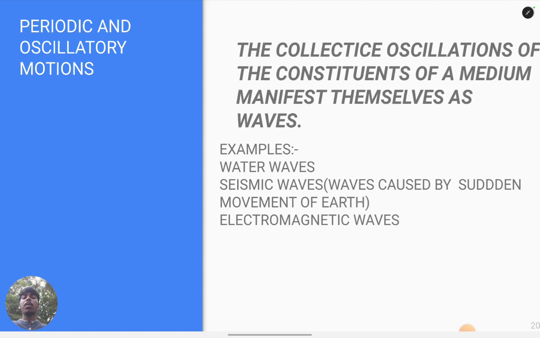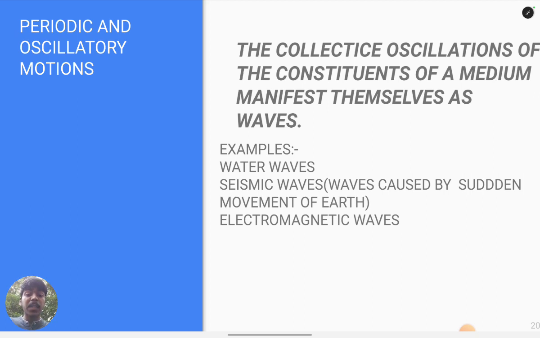So what are the examples of waves? Examples are water waves. Just now I discussed the tuning fork and beaker containing water example. Second one is seismic waves. You are probably hearing about these waves newly. I think you know the movement of tectonic plates, which we have studied in 9th class and 10th class, in geography.